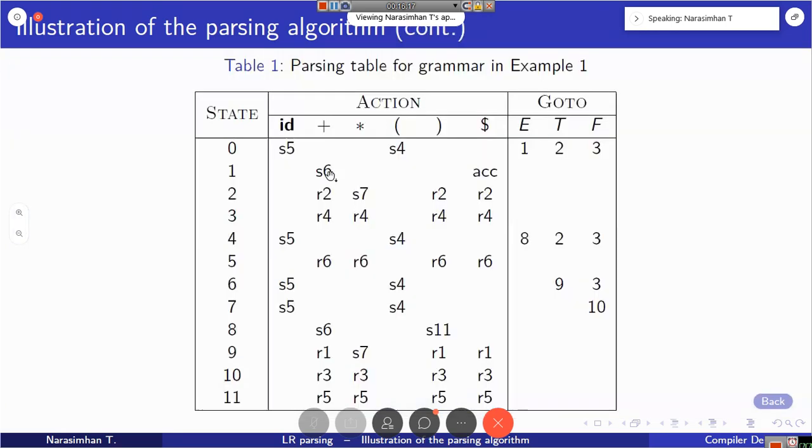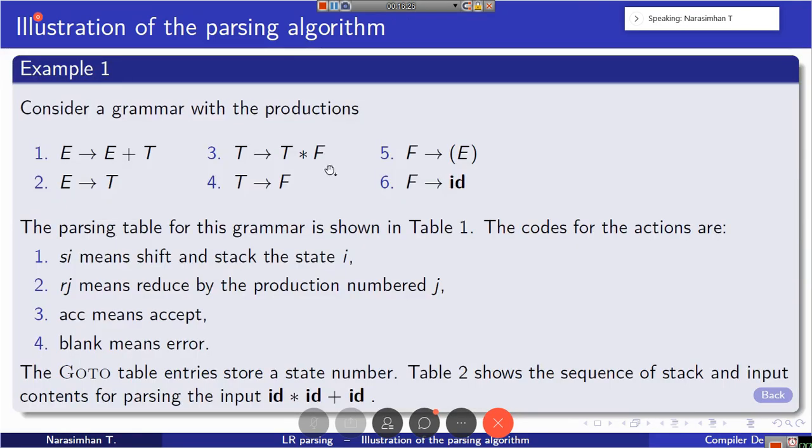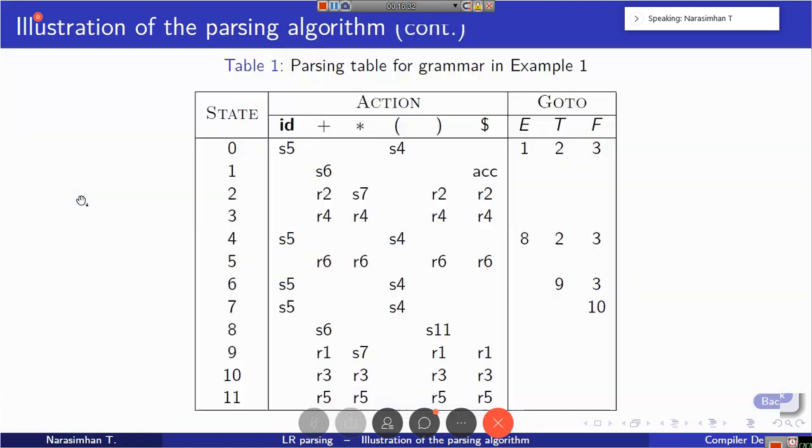So R2 means that you are going to perform the reduce operation by using the second production, E gives T. ACC means accept. There are some blank entries here.